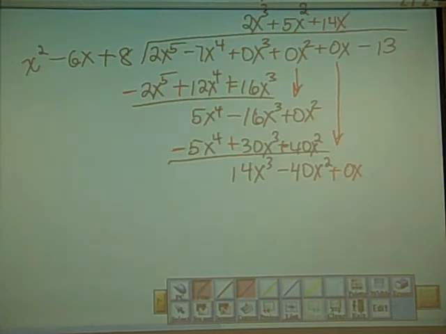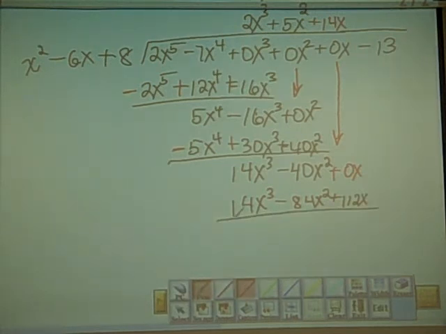So we've got 14x times x squared, that'll be 14x cubed. 14x times a negative 6, that'll be a minus 84x squared, and then 14x times 8, that'll be a plus 112x.